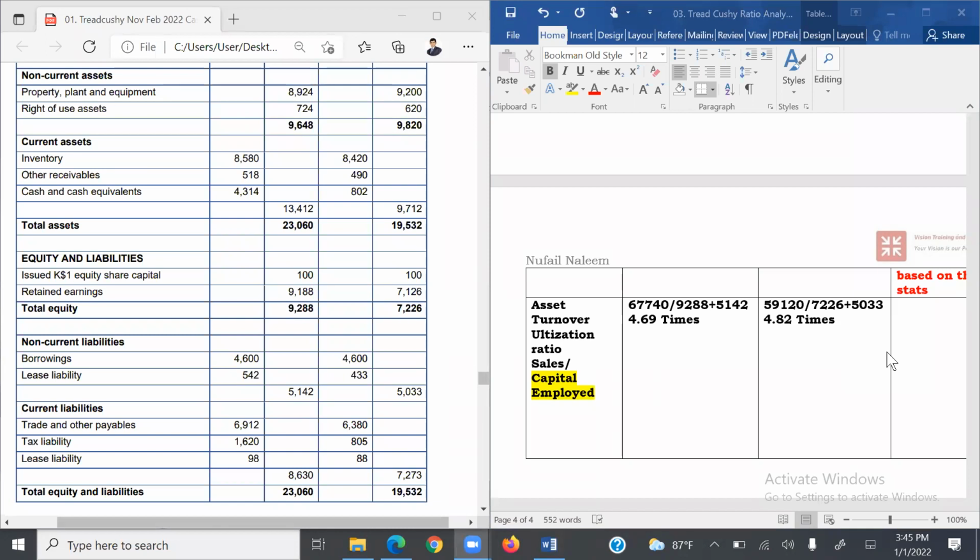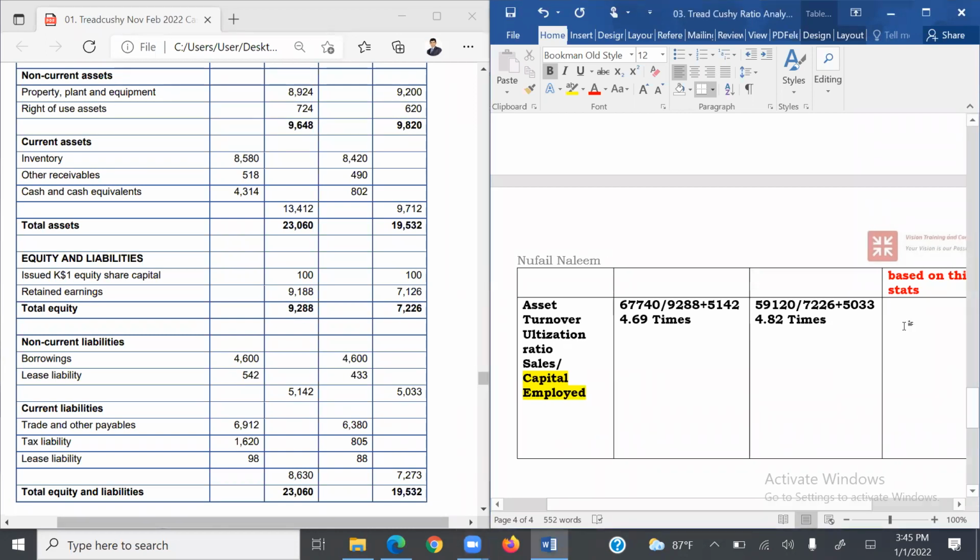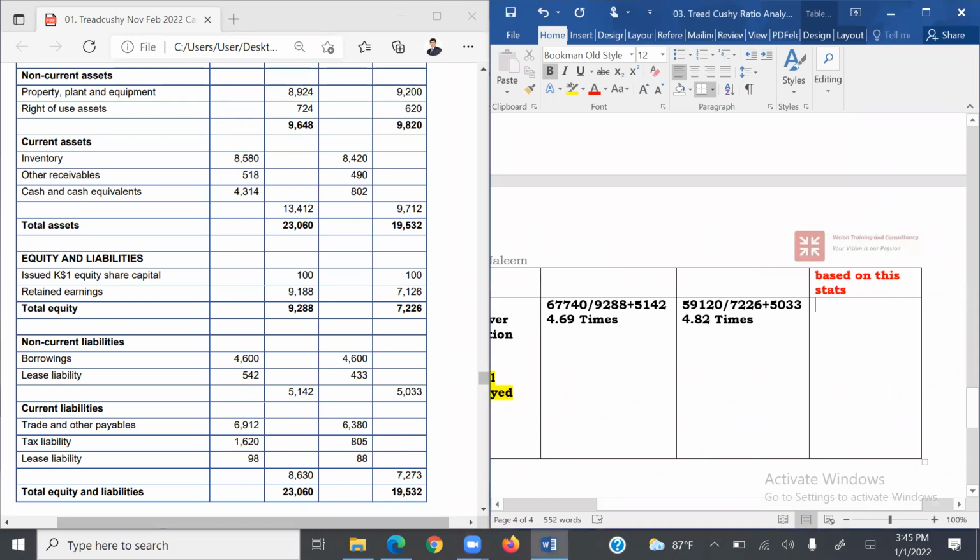Six months it's going. So let's work on this for your understanding. I'll write down here: the company is managing the asset resources well, and the main reason for the growth can be the seasonal demand.